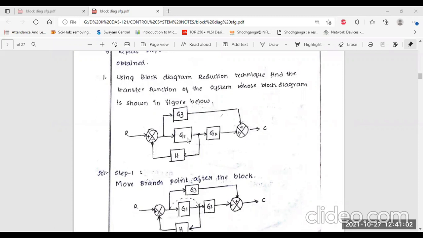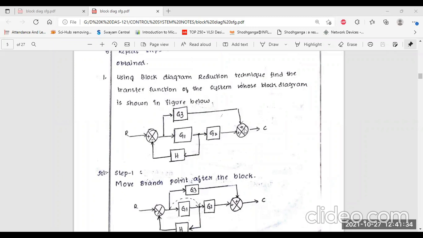Okay, so now what do I have to do? First you can see, all of you, this is basically the input point. R is the input, C is the output section. Here you can see there are two summing points, first one and then the second. Next, here you can see G1 and G2. G1 is the controller part, the first block, and then the second block G2. They are connected in series.